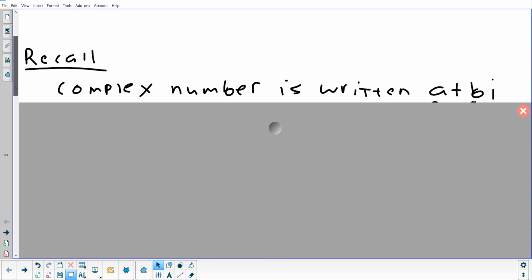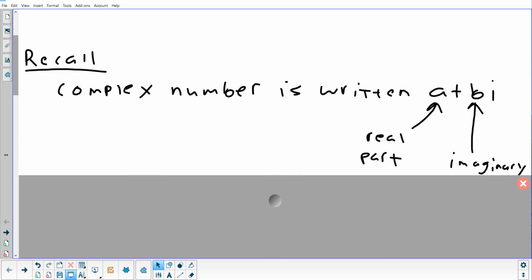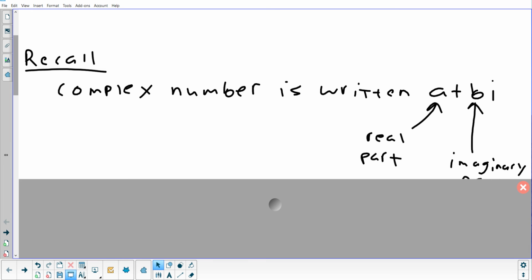So quick review of what a complex number is. Remember, complex numbers are written like that: a plus bi. That's called standard form. That's not trig form. That's what we're going to learn. So here's an example of a complex number in standard form.